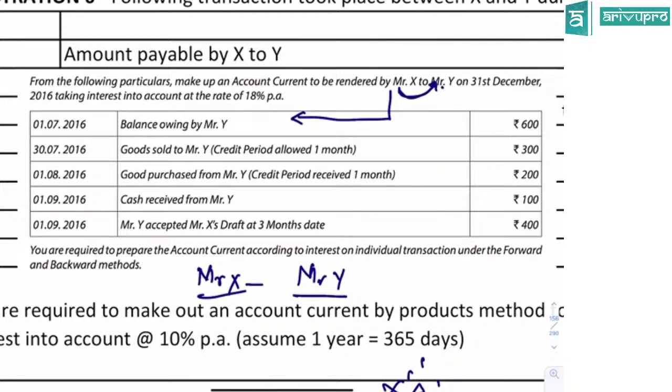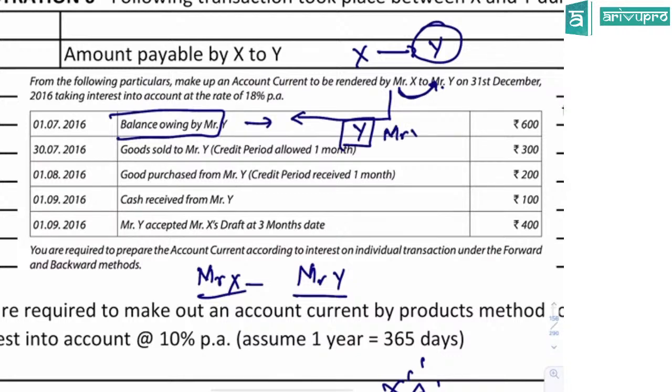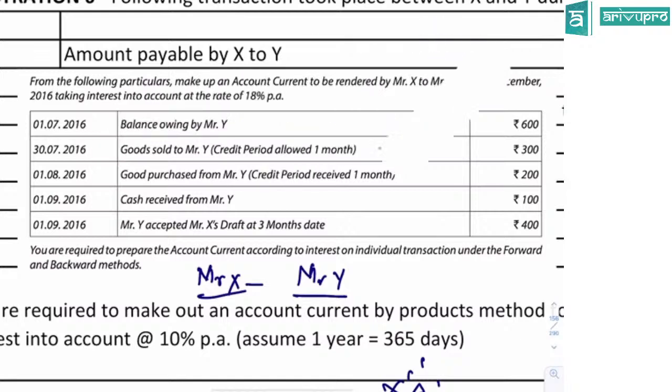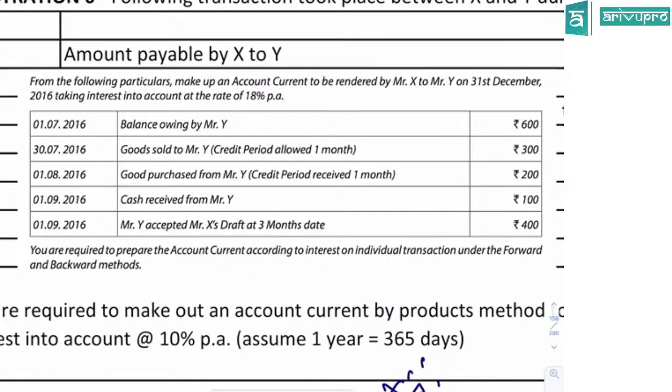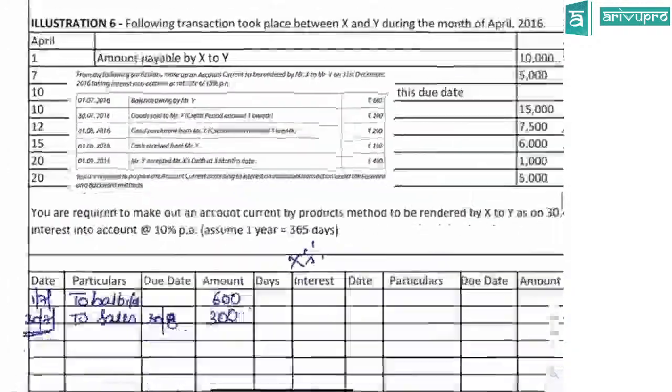Guys, see here, X is making the account for Y. Balance owing by Mr. Y. So Y has to pay Mr. X, correct? So if Y has to pay you money, would it be a debit balance or a credit balance?